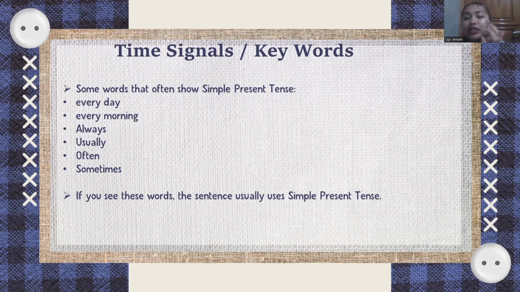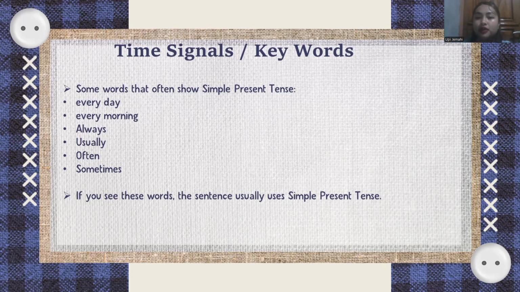If the students see these words in a sentence, the sentence usually uses the simple present tense. This helps students avoid confusion when choosing the sentence.